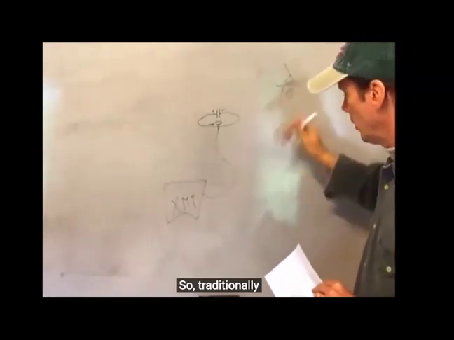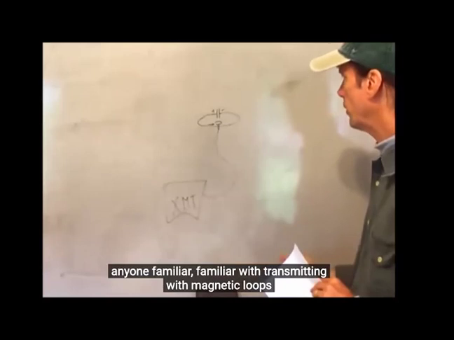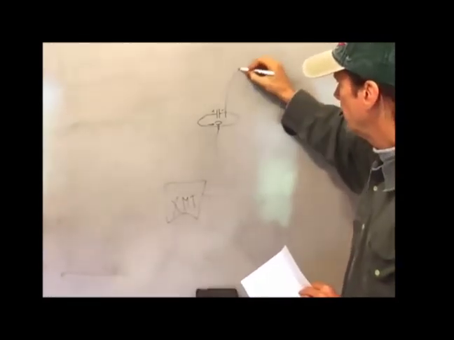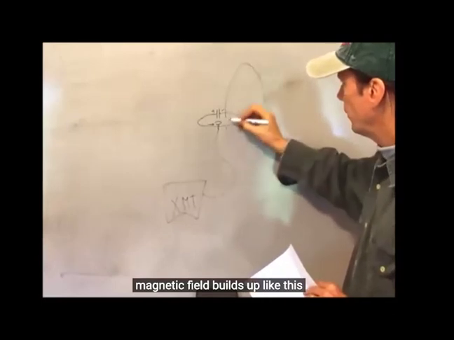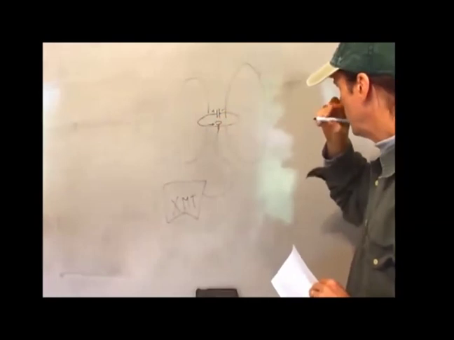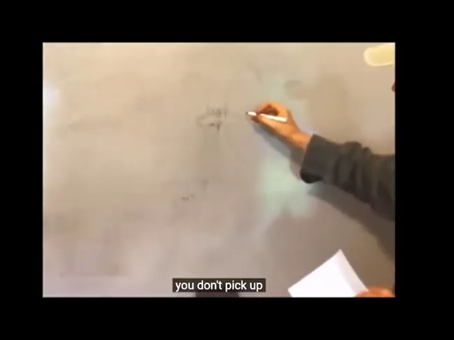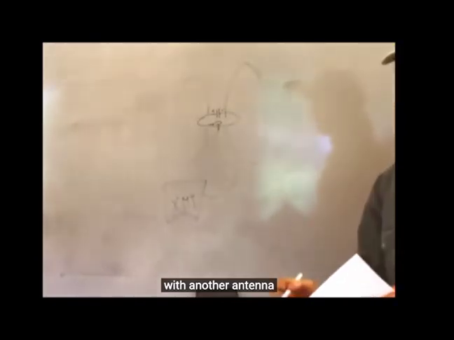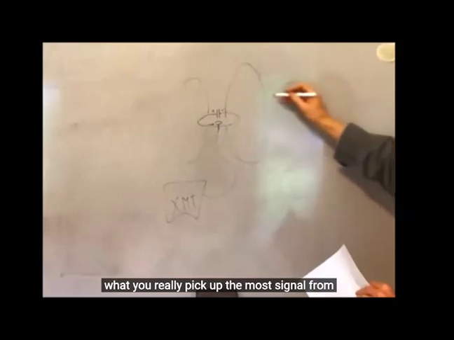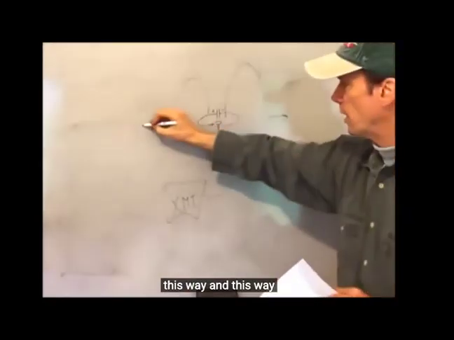So traditionally, anyone familiar with transmitting with magnetic loops, you know your magnetic field builds up like this, and what you pick up from the loop, you don't pick up with another antenna in this direction or this direction. What you really pick up the most signal from is the radiation going out this way and this way.